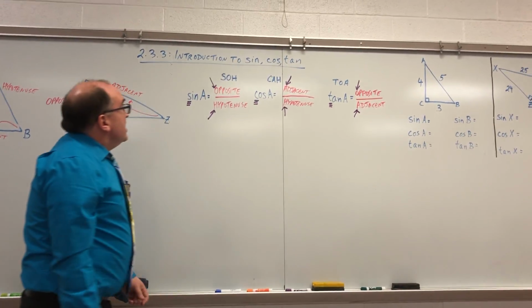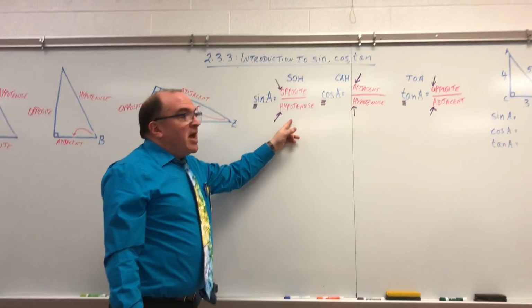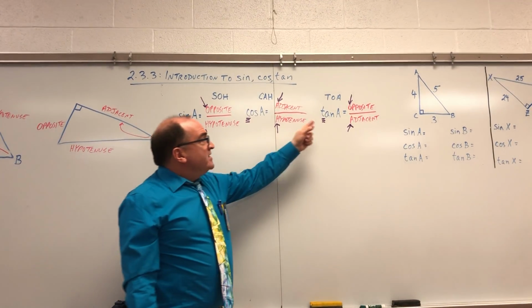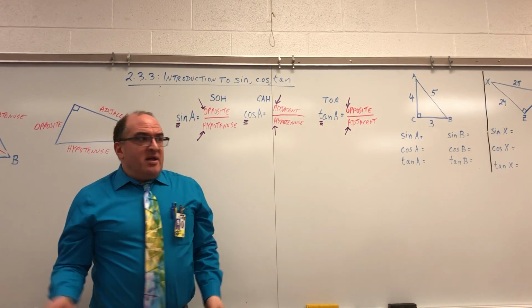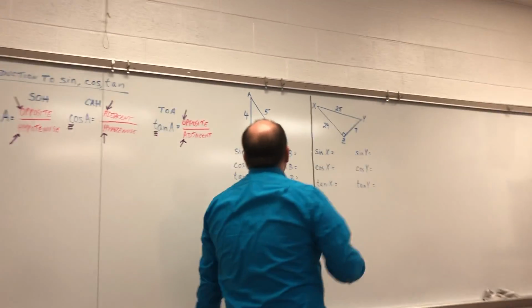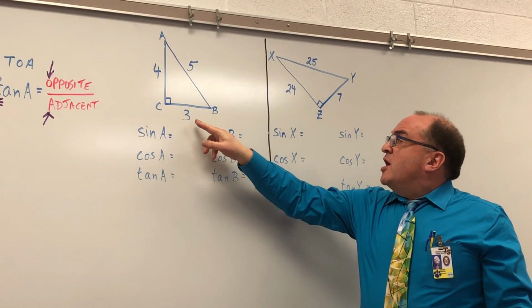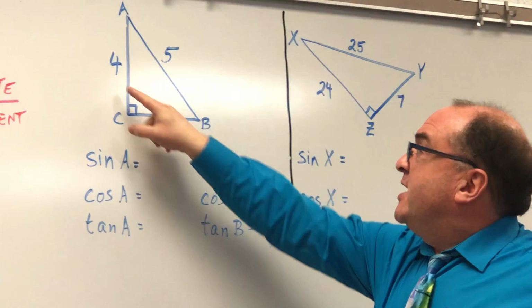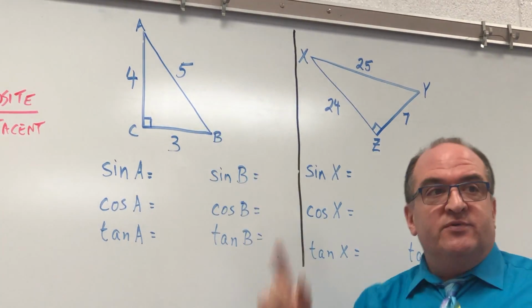So Soh cah toa means sine is opposite over hypotenuse, cosine is adjacent over hypotenuse, tan is opposite over adjacent. Here's a triangle, what's called a 3, 4, 5 triangle. This is 3, this is 4, this is 5, because 3 squared plus 4 squared equals 5 squared.